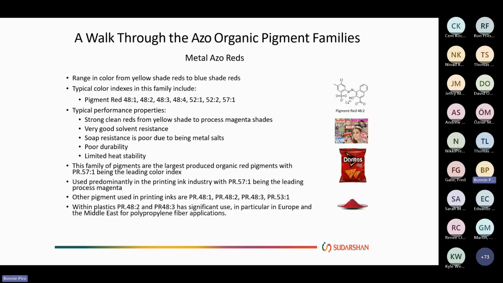And then they also fall into that classical area from a heat stability perspective. Pigment Red 57:1 is one of the bigger volumes in this class of pigments. Other ones that are important in the area are the Pigment Red 48:1, 2, 3.